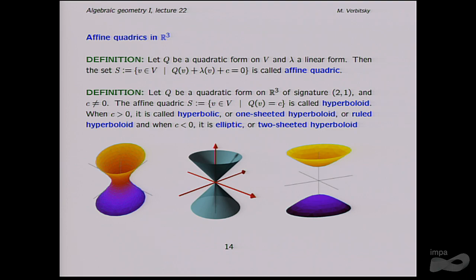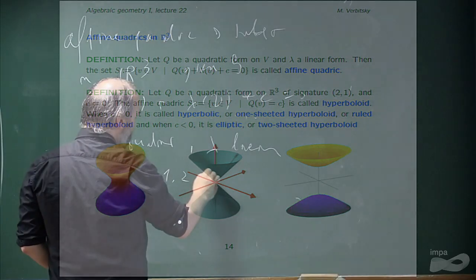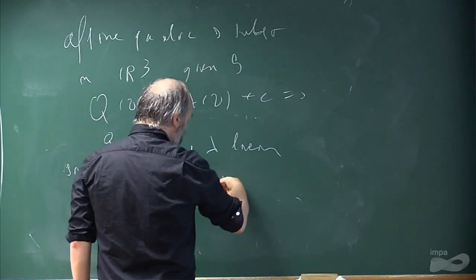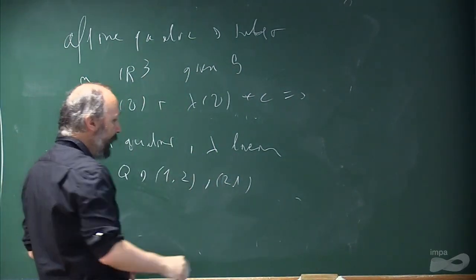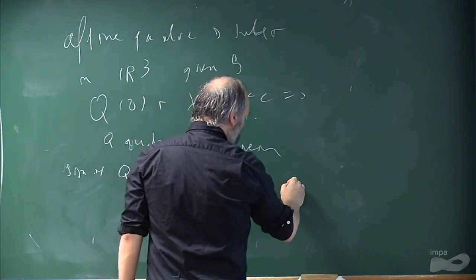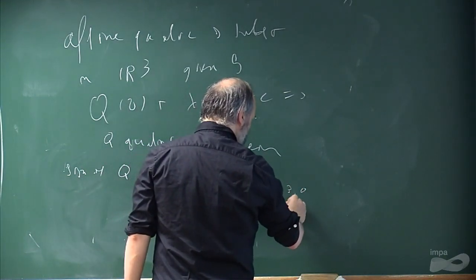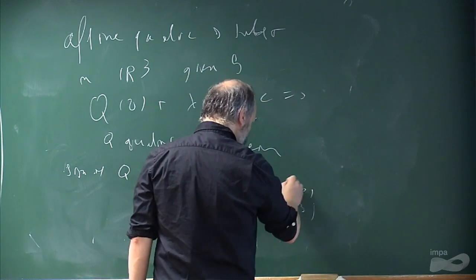Have a cone, and then you have the signature. Since it's three-dimensional, we assume it's non-degenerate. The signature of Q is (1,2) or (2,1), which is the same up to a sign, and then (3,0) and (0,3), which is also the same up to a sign.